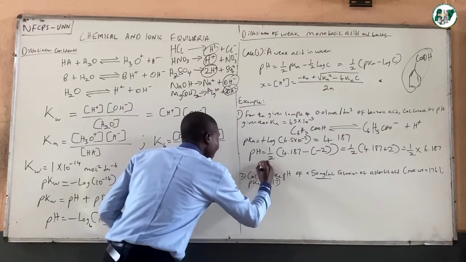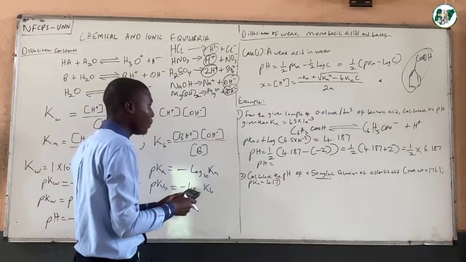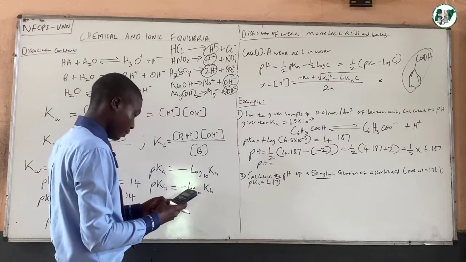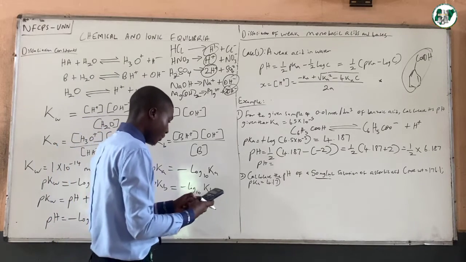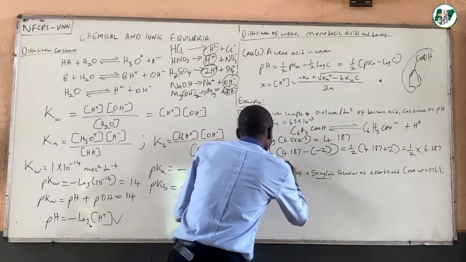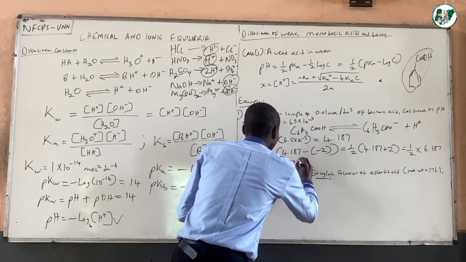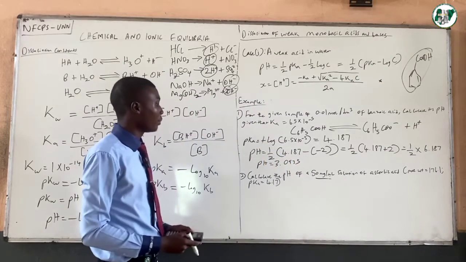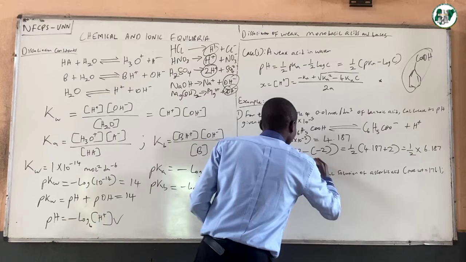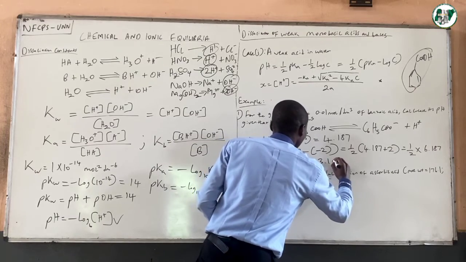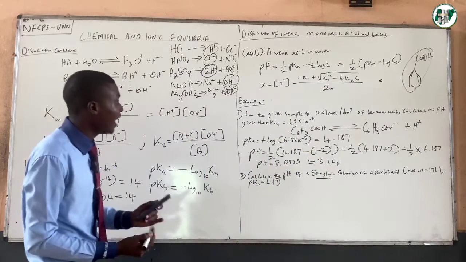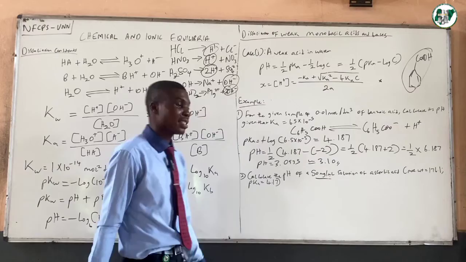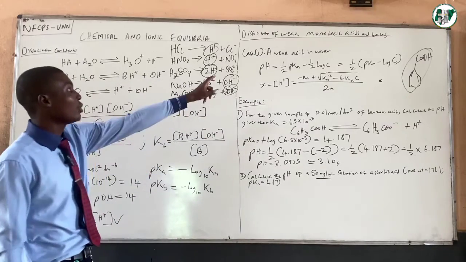So our pH at the end of the day is going to be 3.0935. To one decimal place, if you like, you can make it 3.10. So this is the pH of the sample of benzoic acid that was provided, calculated using that simple formula.